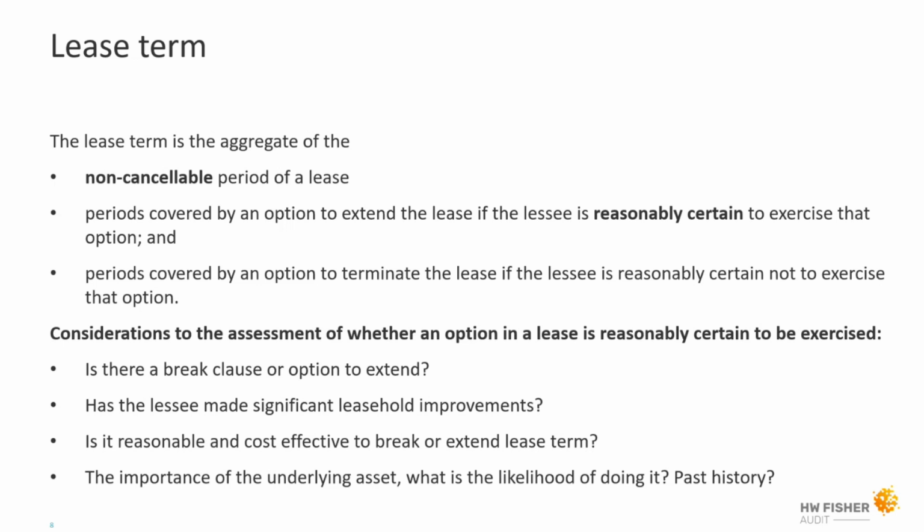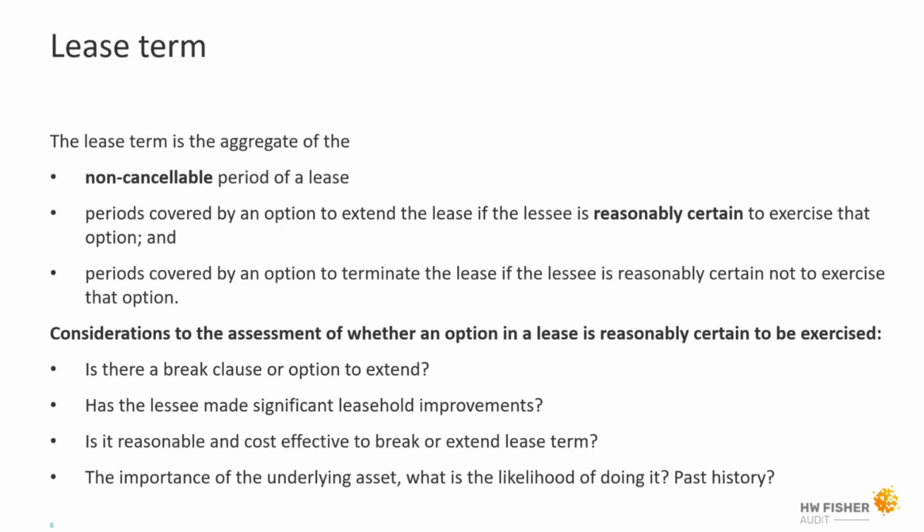You can't hedge your bets and sit there and go, well, we'll do 5 years because it just feels better, it looks better on the balance sheet, or whatever it may be. So you've really got to go through those contracts, thinking about the non-cancelable periods, how far can you go if there is an option to extend, and other periods covered by an option to terminate the lease.